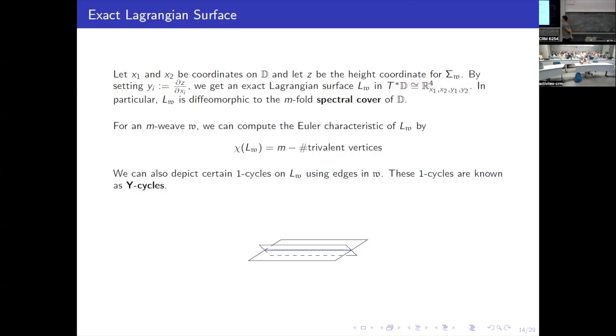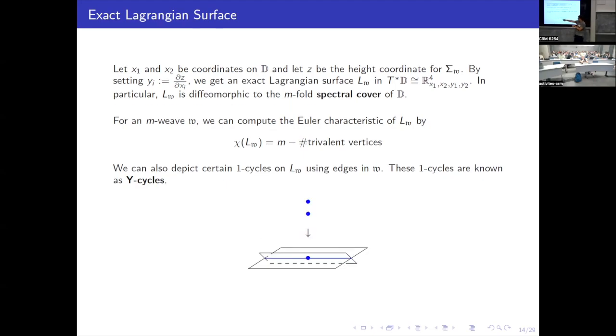Moreover, we can also depict certain one-cycles on this Lagrangian surface by using edges in the weave. How? Imagine you have an edge here. Note that along this edge, 2 sheets cross. So when you take the derivative, you get 2 preimages for each point on the edge.